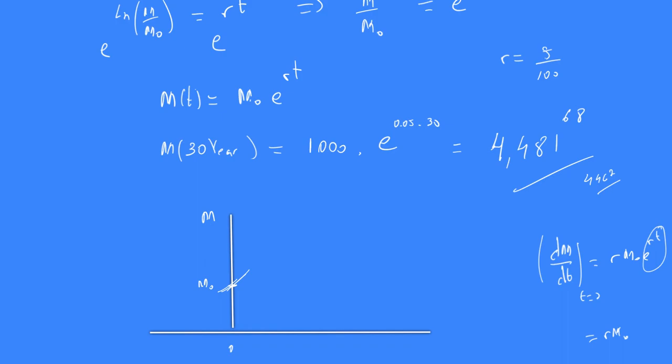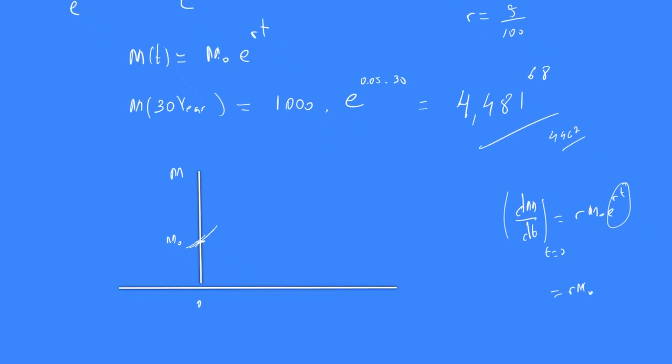At 1 year, the slope has changed. The r and the m0 have not changed, but now the term e to the rt appears, so the slope at 1 year will be r times m0 times e to the r times 1.